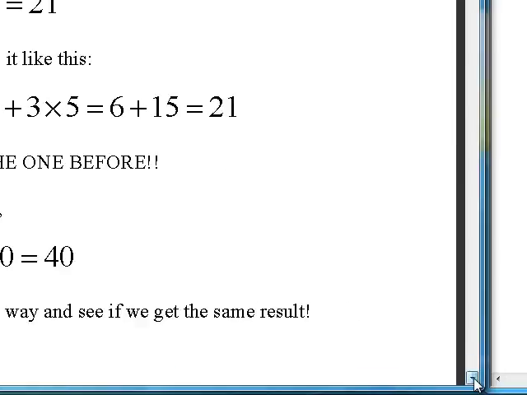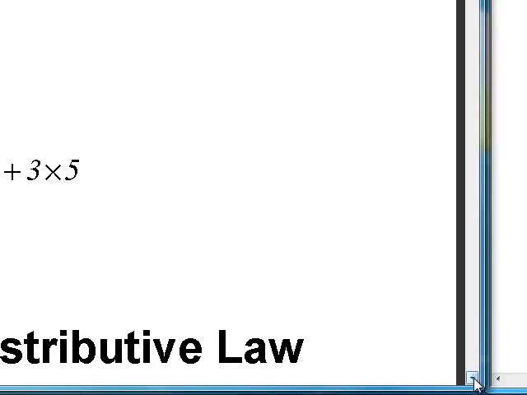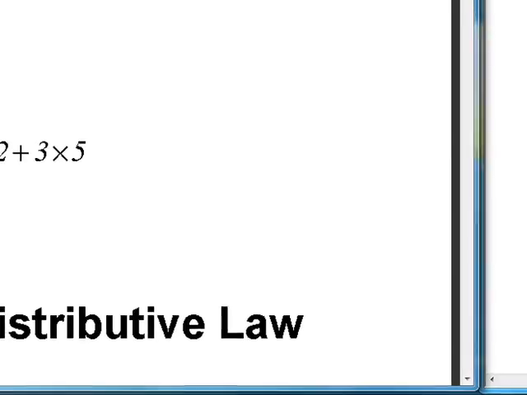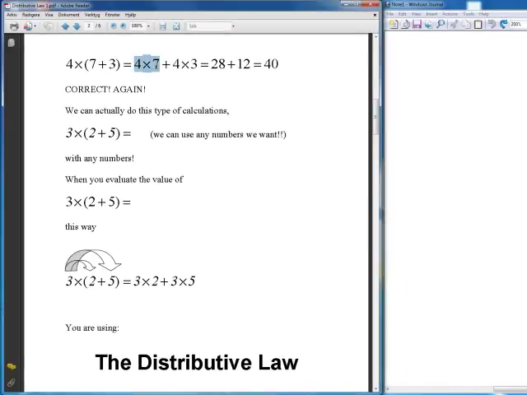If we do it the other way, 4 times 7 plus 4 times 3. 4 times 7 is 28. 4 times 3 is 12. This is 40. Same answer.